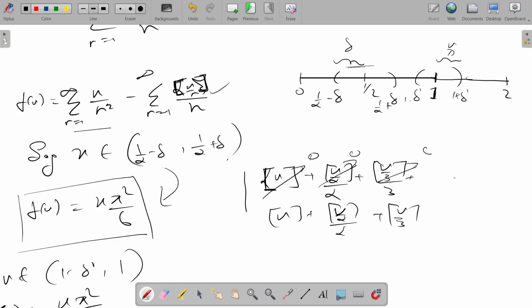So the floor of x will be 1. And now this is divided by 2, this will be 0, this will be 0, this will be 0.